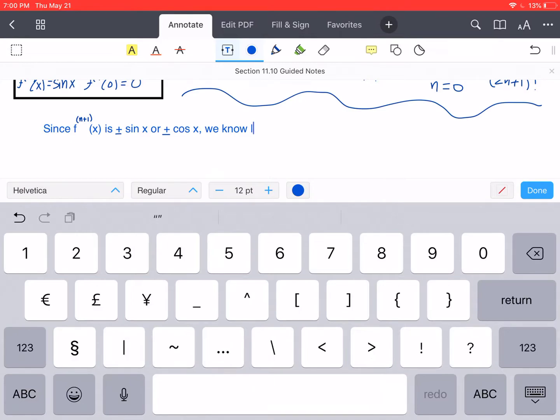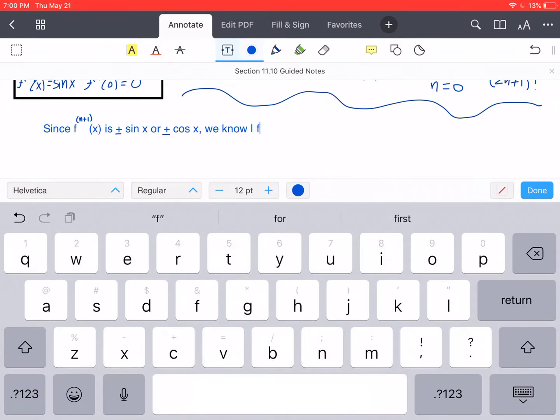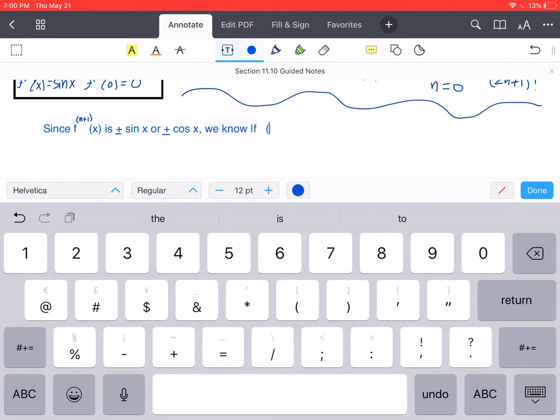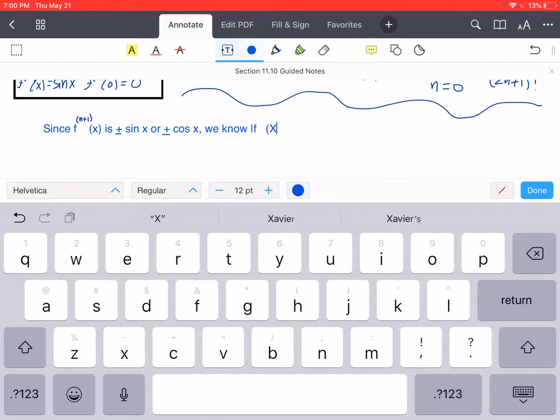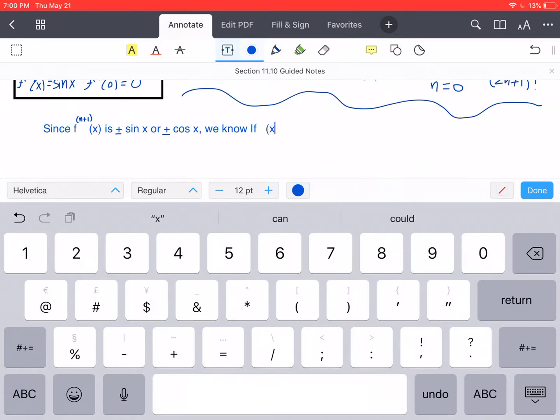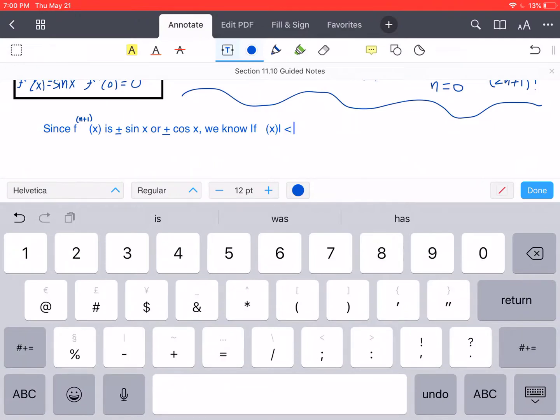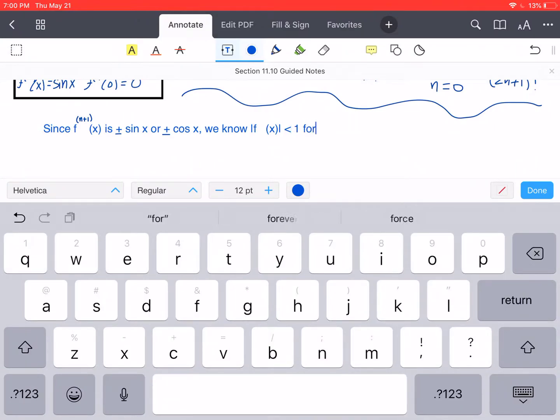The absolute value of the derivative of f of x is less than or equal to 1 for all x.